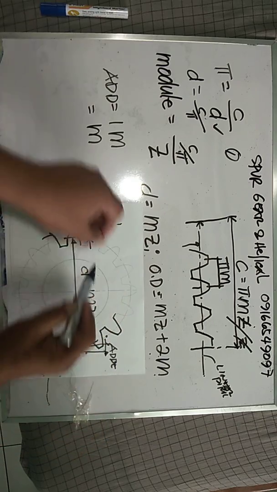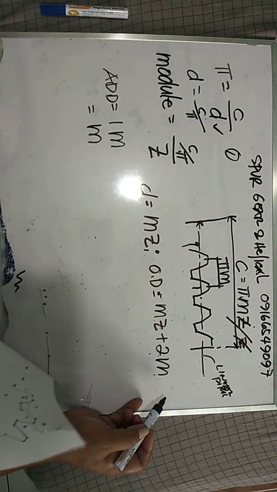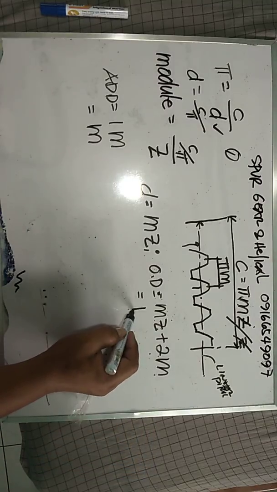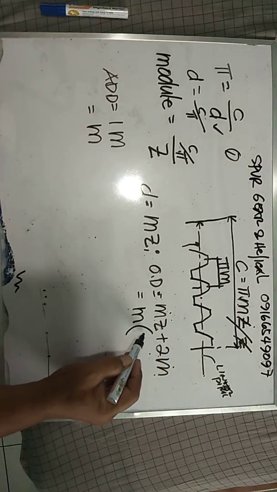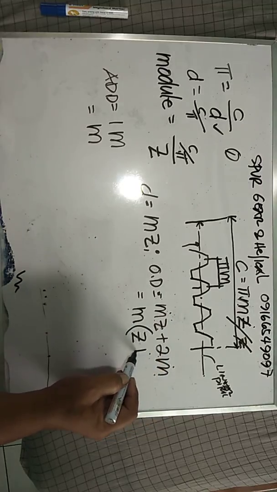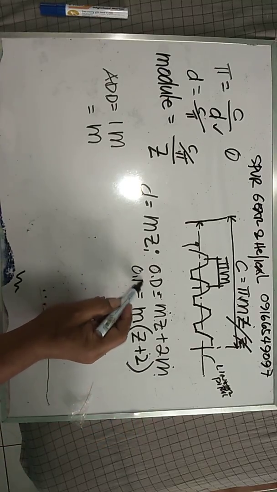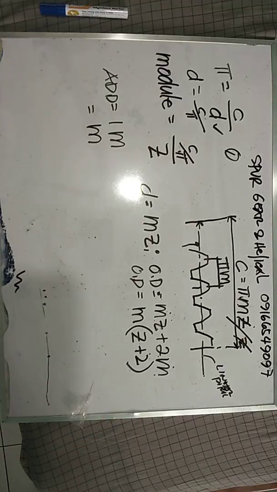So module and module, this is 2 module. We can also factor it out, so OD is equal to module times the number of teeth plus 2. It could be used also.